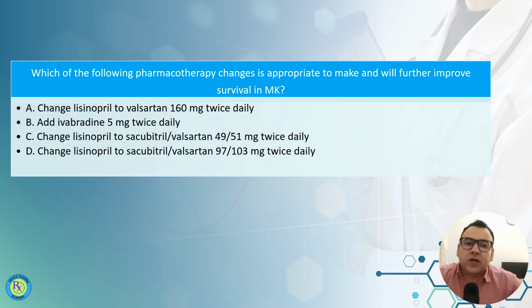So we are looking for further improving survival. This patient is stabilized on an ACE inhibitor, so the good option is to change lisinopril to sacubitril valsartan. We will start with 100 mg twice daily because this is the starting dose for switching.